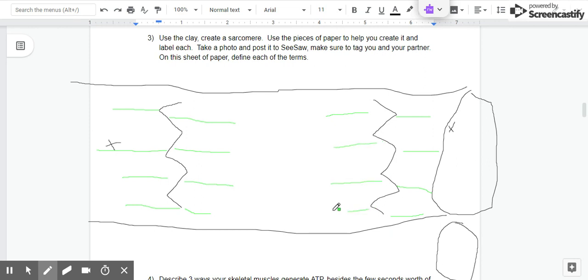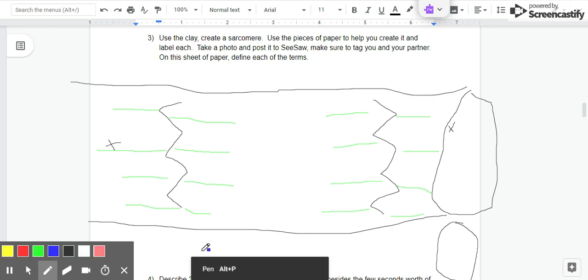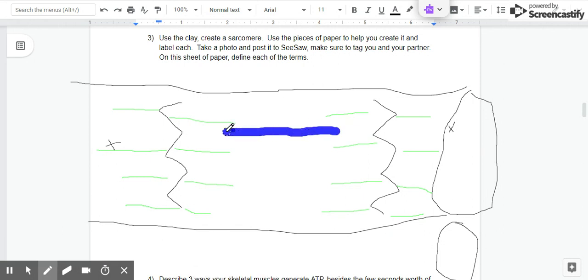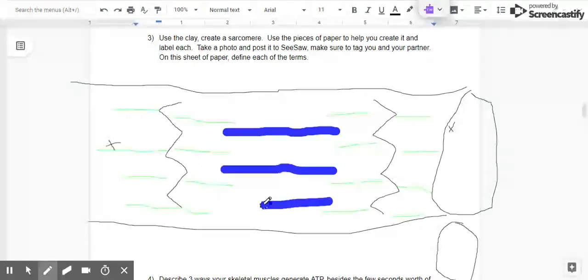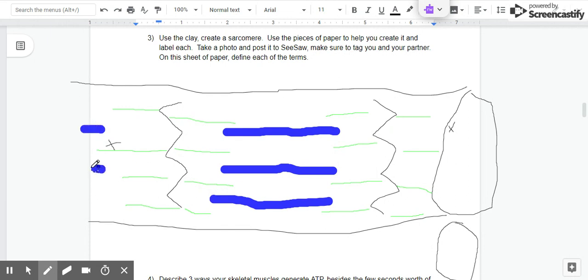So remember, the actin does the movement. And then in the middle, we have the thick filament, or the mighty myosin, like this. You might see a little bit of myosin over here. We'll just say that's kind of off the page because those are neighboring sarcomeres.